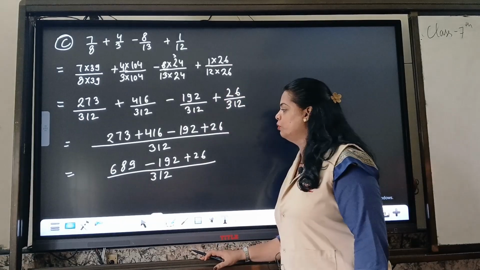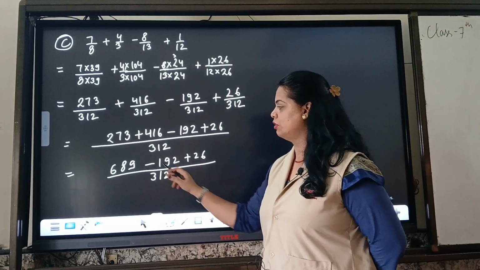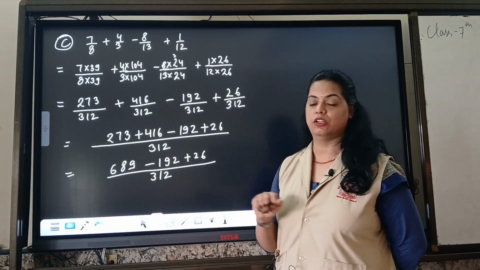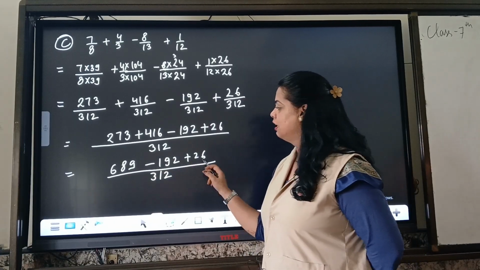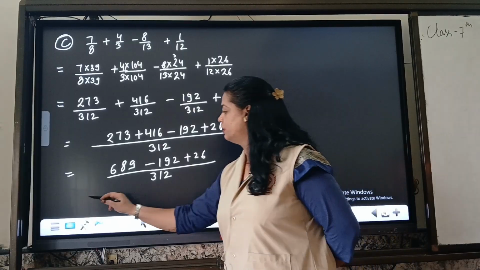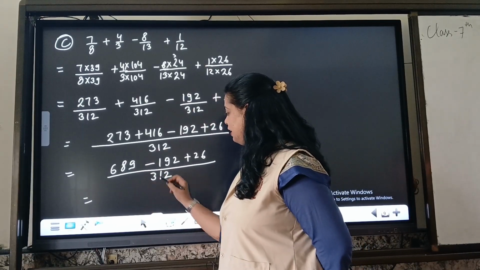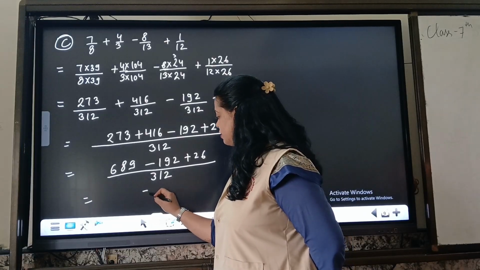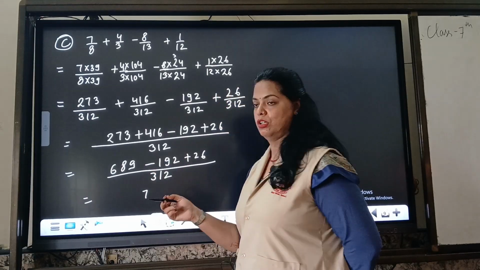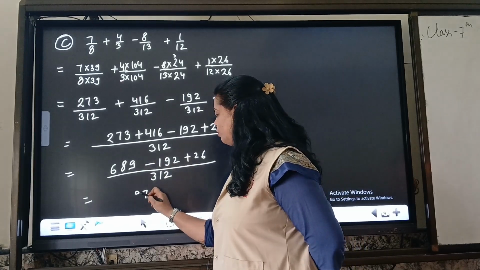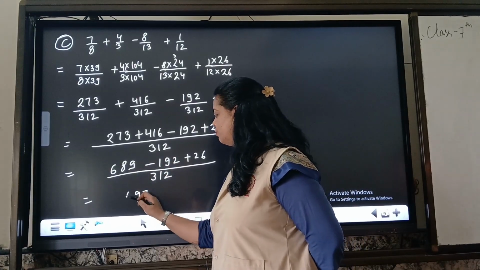Now what I am going to do, I will subtract these two numbers if it is your choice, or you can add the positive numbers together, or if you wish you can solve these two numbers. So for your convenience I am taking the first two numbers, I will do subtraction here. 9 minus 2 will give you 7 and 8 minus 9 is not possible, I will take a borrow from here, it is 18 minus 9 will give you 9 and 5 minus 1 is 4.